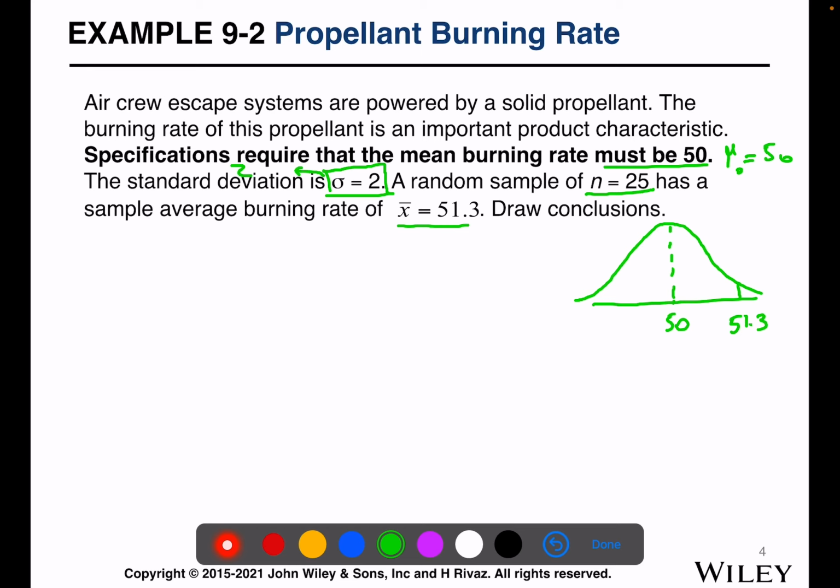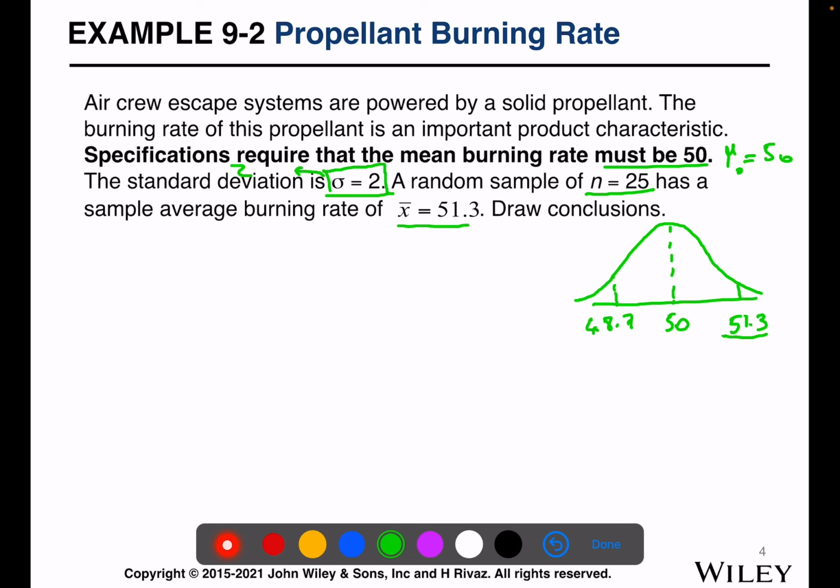So we want to see whether 51.3 is close to 50, meaning that it's an acceptable number. In other words, we want to see whether there is a high chance that we get X bars as large as 51.3 or as small as, on the other side, 48.7. I subtracted 1.3 from 50.